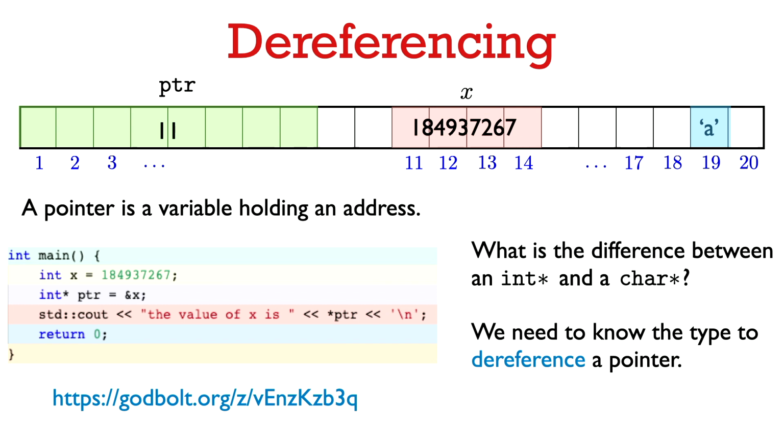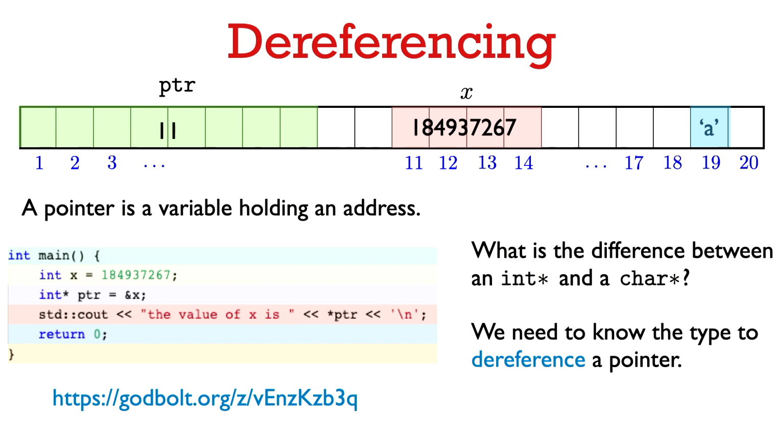So in this little code snippet, to dereference the pointer, we say star pointer in the cout line. This is going to print out the value of x, right?